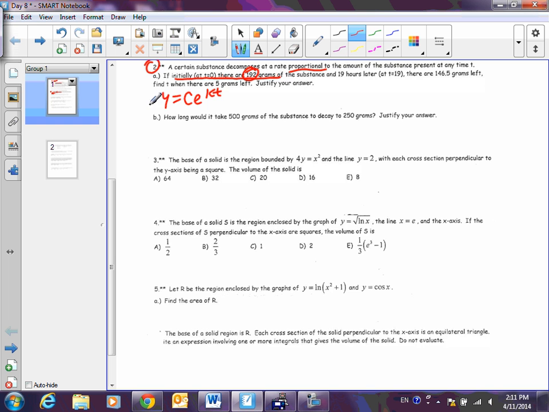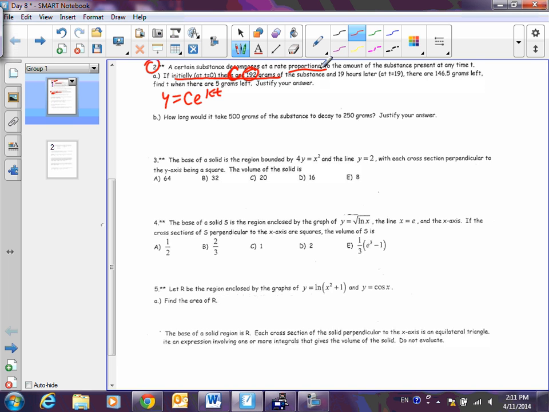Y, which would be the final amount, C, which would be the initial amount, K, the constant of proportionality, or T, the time? C. Okay, so we start out with 192. The reason this works out is because if you were to plug 0 in for T, what does e to the kt turn out to be? 1. And so then your final amount would be your initial amount, or your current amount. All right, so the C is going to be 192.